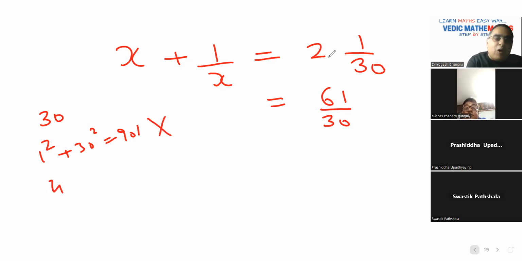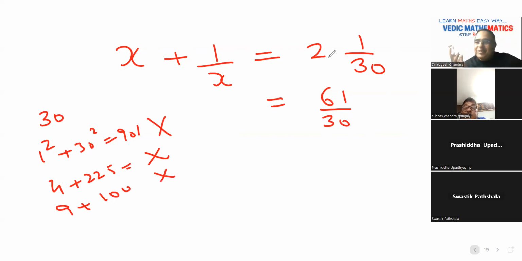That means 4 plus 225. Again cross. 3 into 10. So 9 plus 100. Cross. So what is the best option? 5 and 6. So 5 square is 25, 6 square is 36. So 25 plus 36, 61.